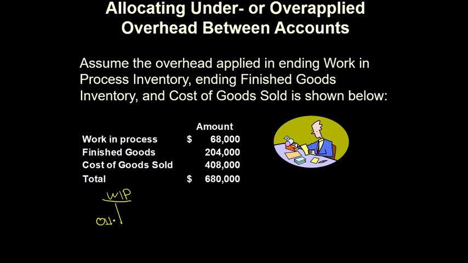Pag hindi natapos, it will go to the ending balance of your work in process. And then, it will go to your cost of goods manufactured. And your cost of goods manufactured will go to your finished goods. Tama po. It will go to your finished goods.